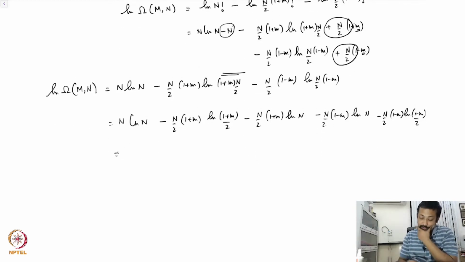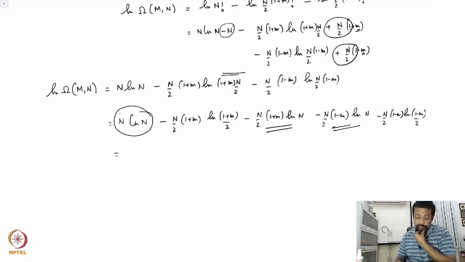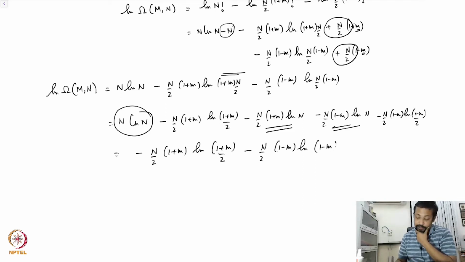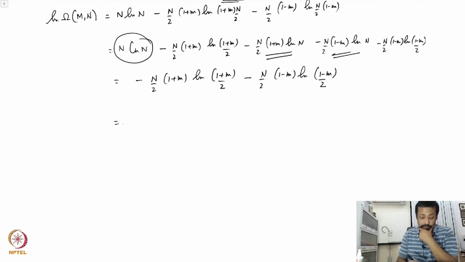This means that if I take this expression and that expression, I'm going to get a cancellation of the n ln n terms. I'm left with this nice little expression: minus n by 2 into 1 plus m, ln of 1 plus m, minus n by 2 into 1 minus m, ln of 1 minus m, right? So I can take n outside.